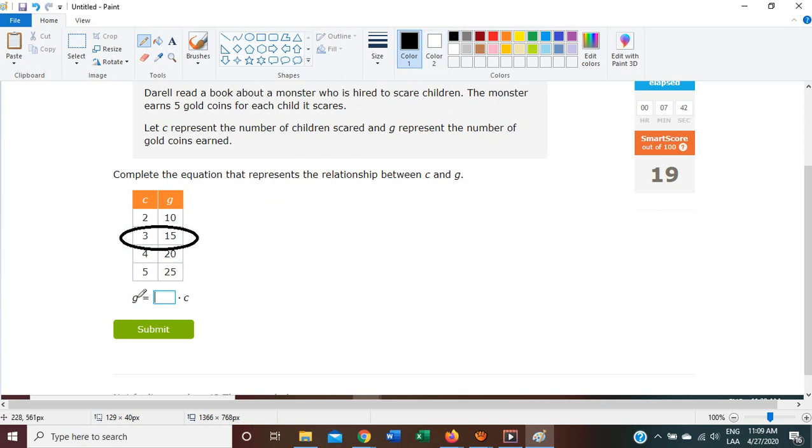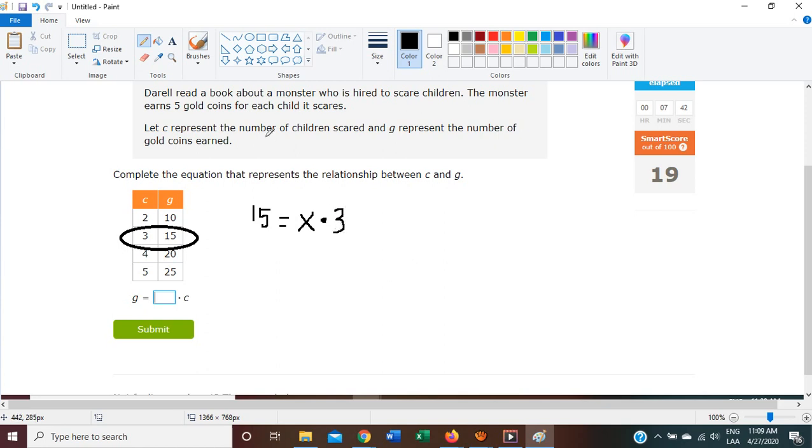Now let's write the equation by substituting. G in this case equals 15. So 15 equals x times c, and in this case c equals 3.